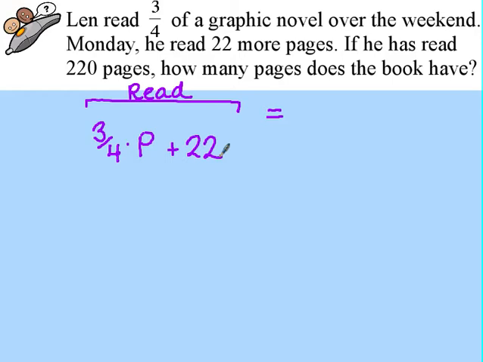I want you to solve it and enter your answer on the expression. I'll go ahead and send it to you now so some of you can enter it in.